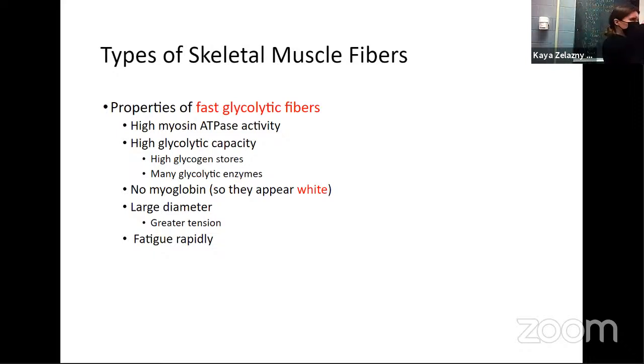So lots of sarcomeres in parallel means they can produce more force, greater tension. And they fatigue rapidly, but this means they're going to be really good at big bursts of strong movement, right? So they're going to use greater tension and they can rapidly get this energy because they're just doing that glycolysis step.